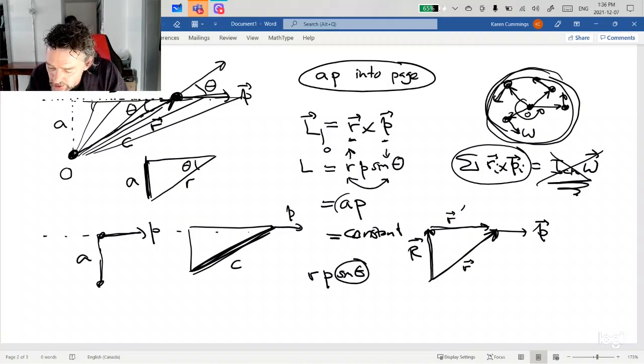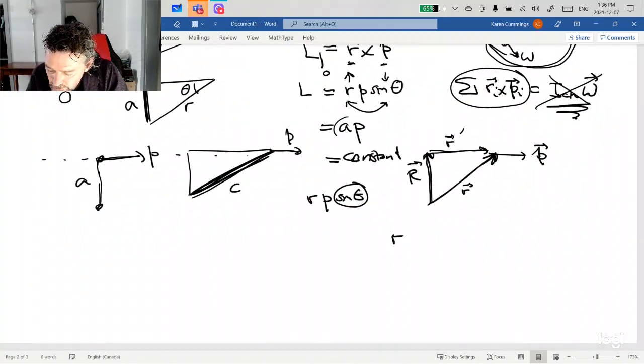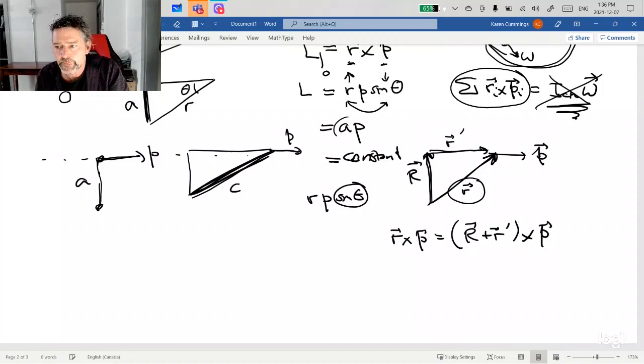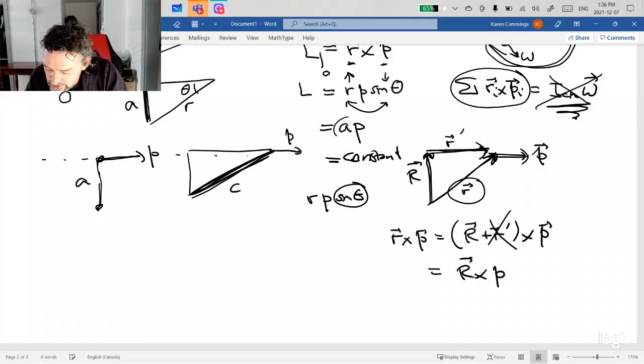So then when you go R cross P, that's the same thing as this R, which is capital R plus R prime, vector cross product with P. But wait a minute, R prime is horizontal to the right, P is horizontal to the right. They're parallel. So R prime cross P is just 0. And so this is the same as capital R cross P.